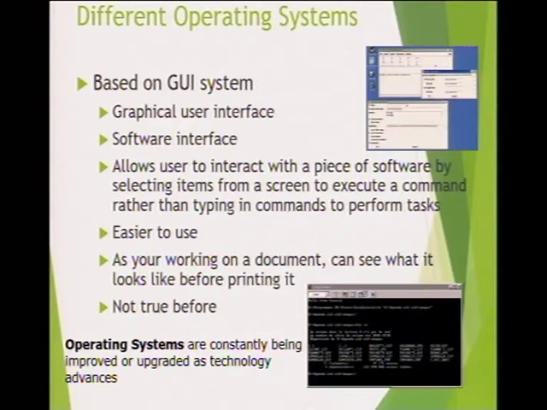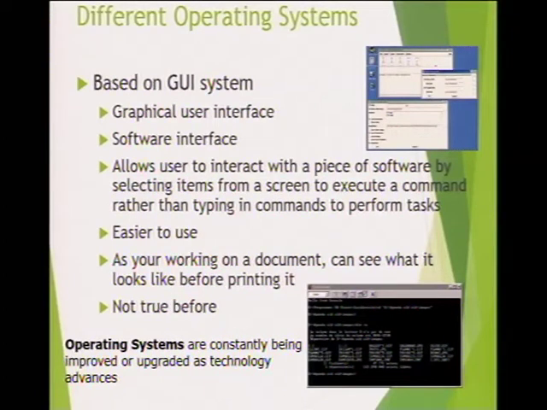This allows users to interact with a piece of software by selecting items from the screen to execute a command rather than typing in commands to perform tasks. Okay, so you can just use a mouse, you pick a certain piece of software or item from the screen, and you click or double click on it, then it does certain things that you want it to do. So it's easier to use.